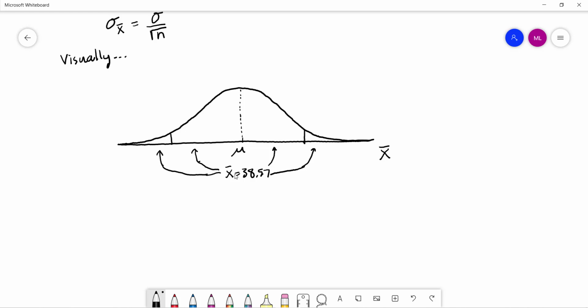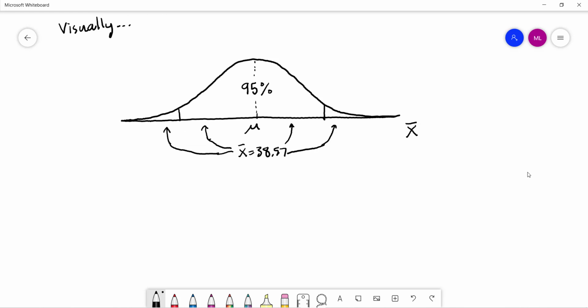If I chop this curve off and write that this middle part is 95% of the area, then even though I don't know exactly where x bar falls, I'm 95% sure that it falls between right here and right here, because this contains 95% of the most common values.